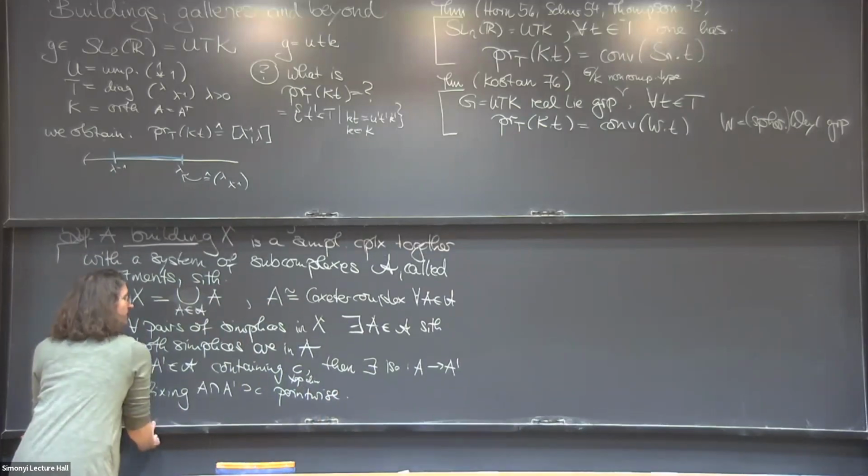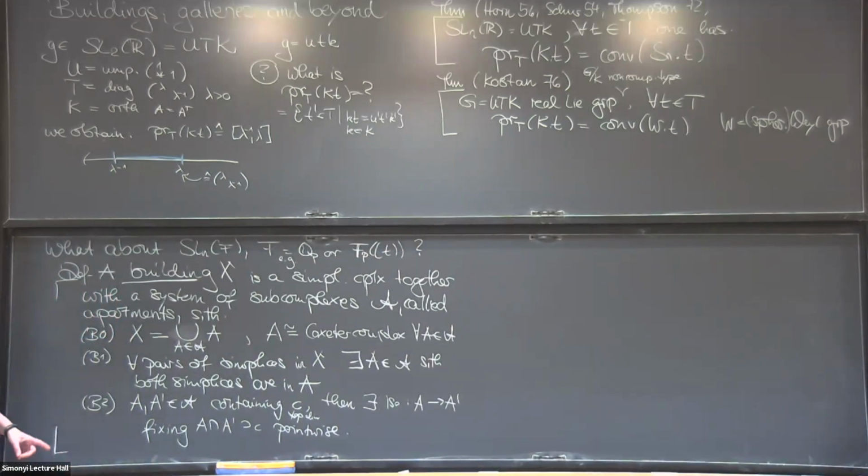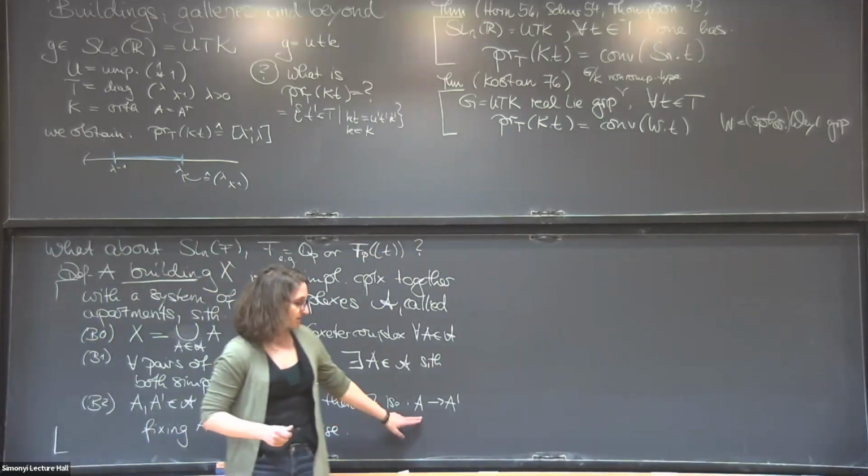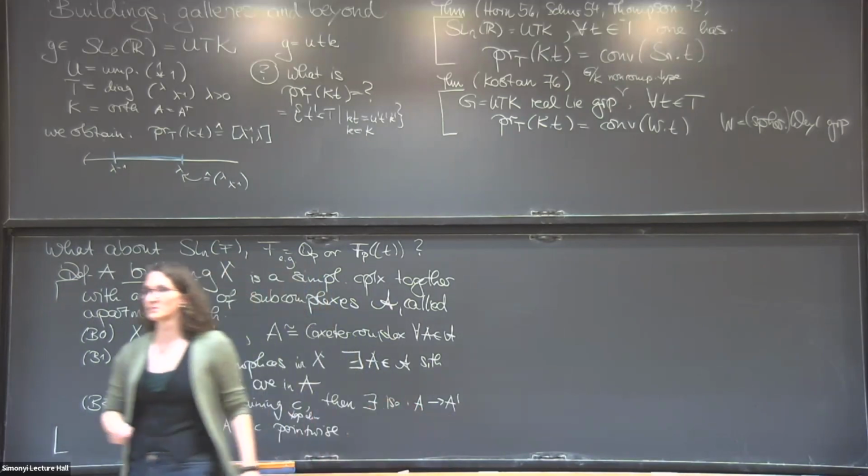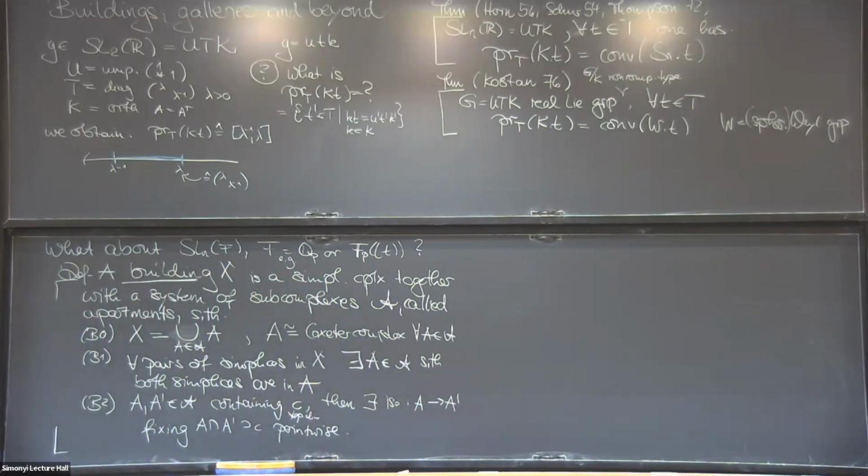That's not an isomorphism of X. It's just an isomorphism from A onto A'. Yeah, that's important here. Okay, Coxeter complexes.